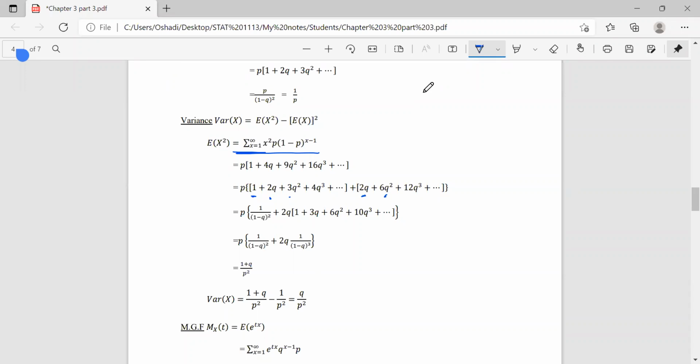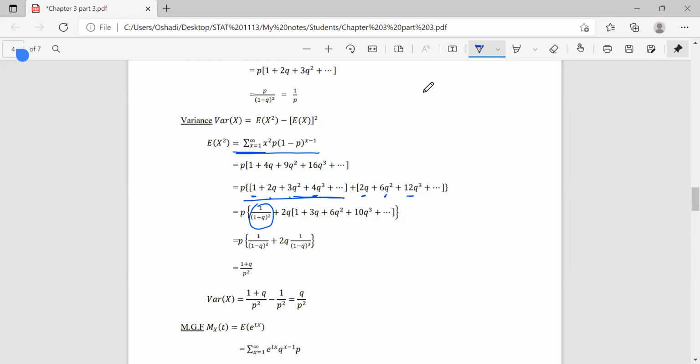In the 16q cube, we only take 4q cube here, and the remaining part goes there, right? So now we can write the first series. The summation is 1 over 1 minus q squared. This is the same series we used to find the expected value, the same summation equation, right?